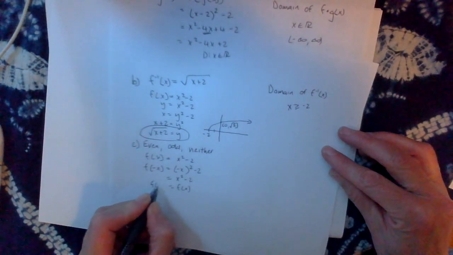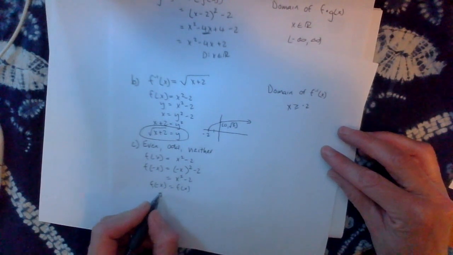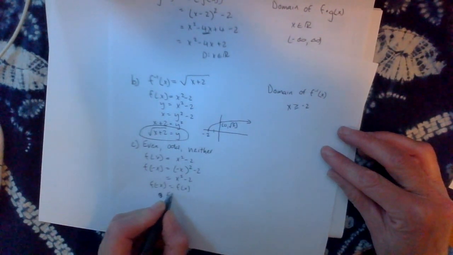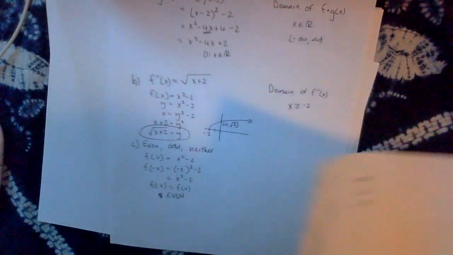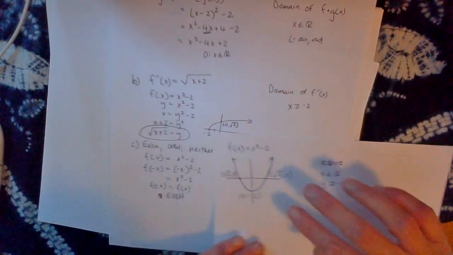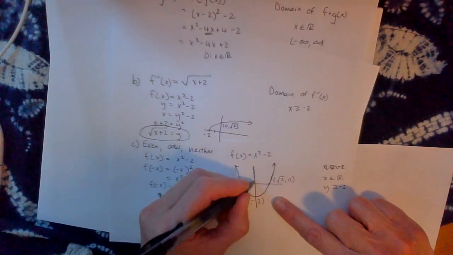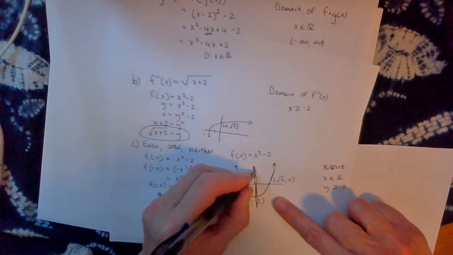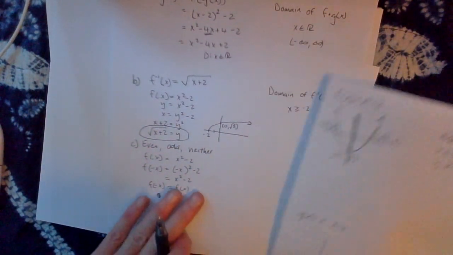So f of negative x is equal to f of x, and that makes it even. Let's take a look at the graph. This graph of x squared minus 2 is symmetrical about the y-axis. I could fold it on the y-axis, and the right side and left side meet, so it's even.